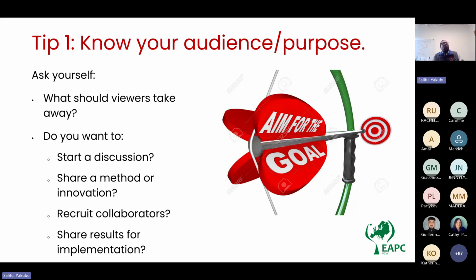Or is the focus recruitment or collaboration? What is it that you want your audience to know? It is really important, right from the onset, to let whoever is coming to participate know what you have to present. I think that will be really helpful in communicating your information to them.